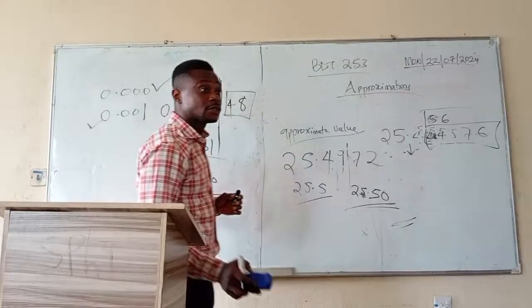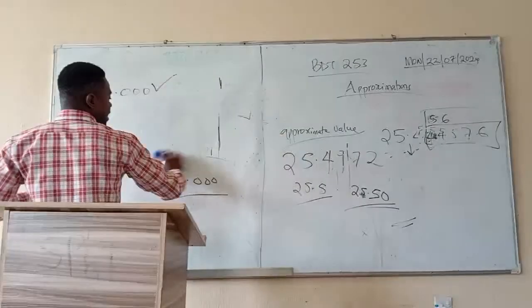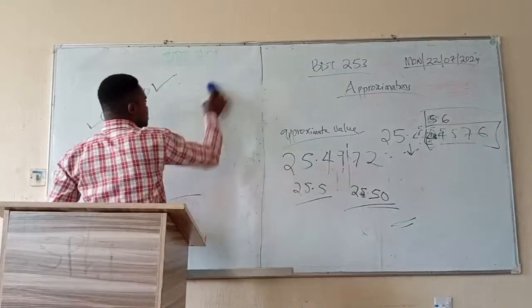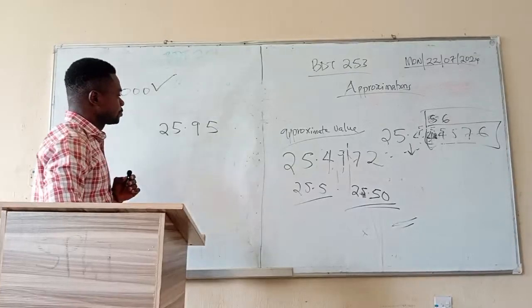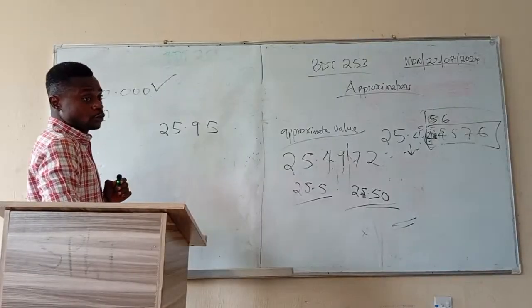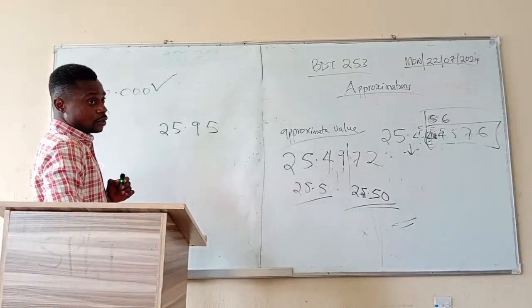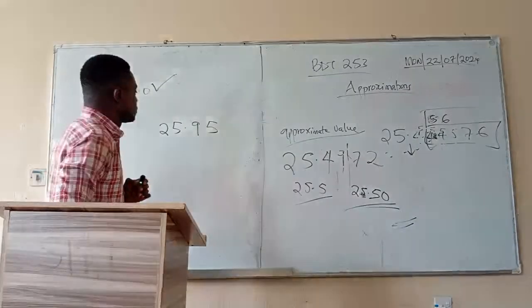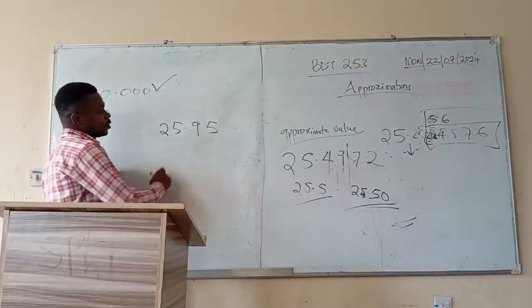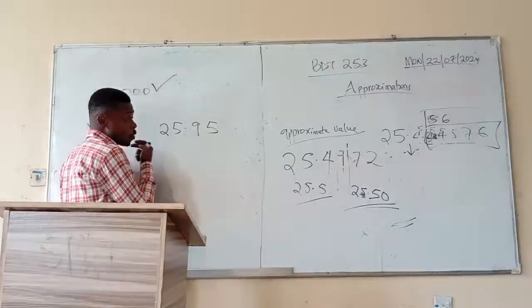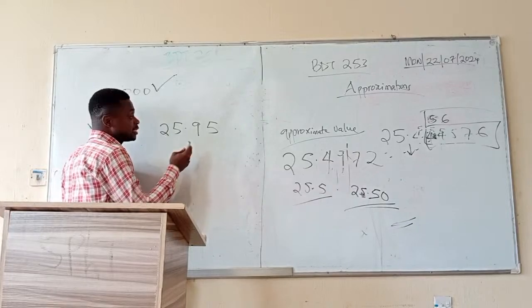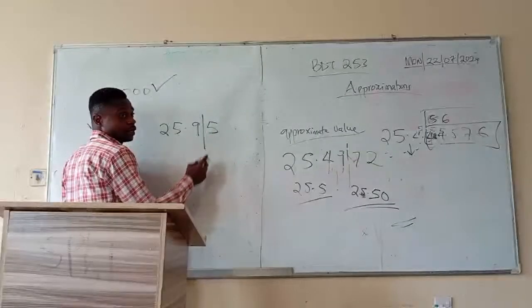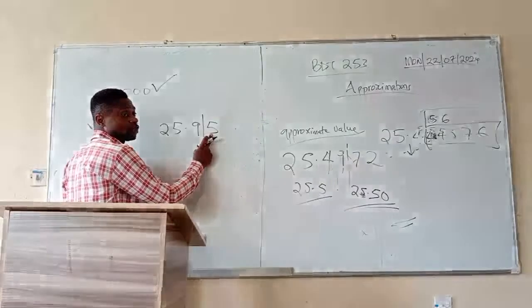Someone asked a very important question. Okay, so what do we do? On the normal, we want the decimal place to be where? Right? So do we throw this one away?